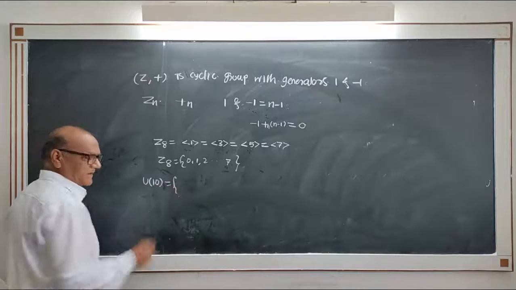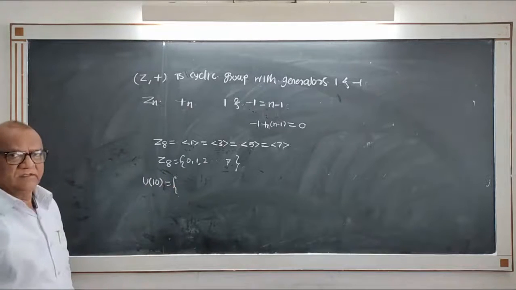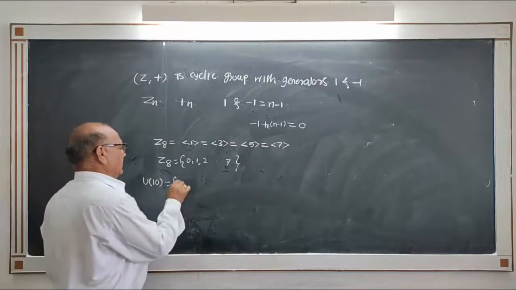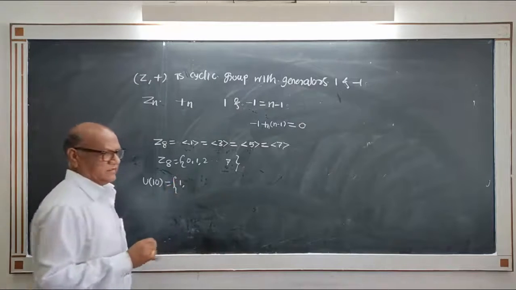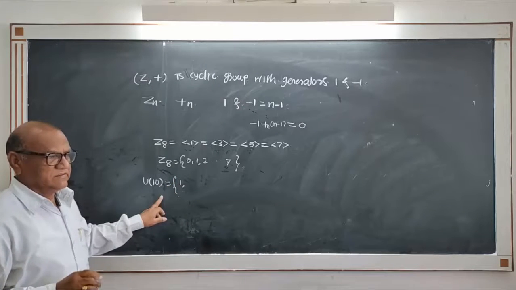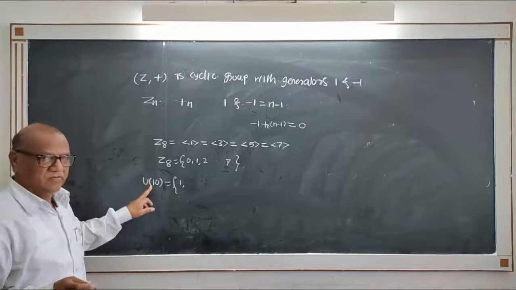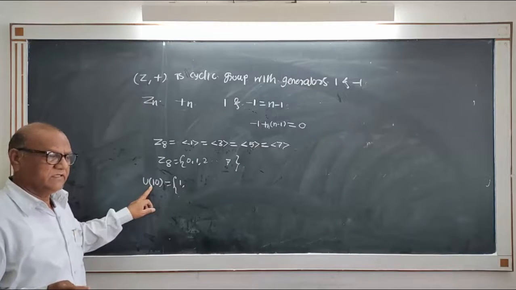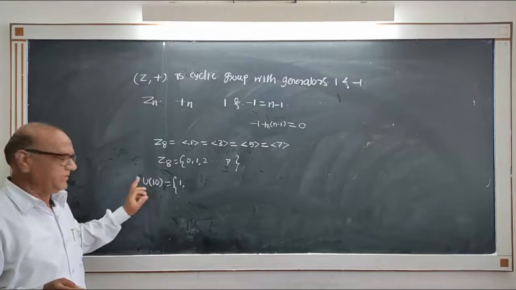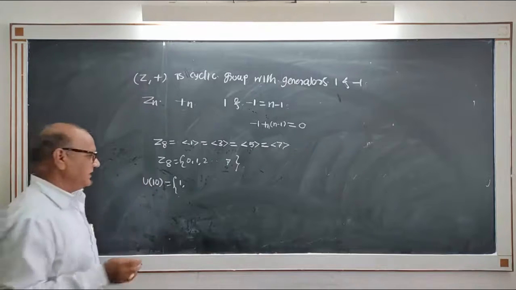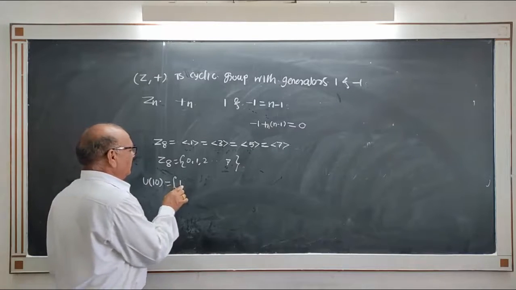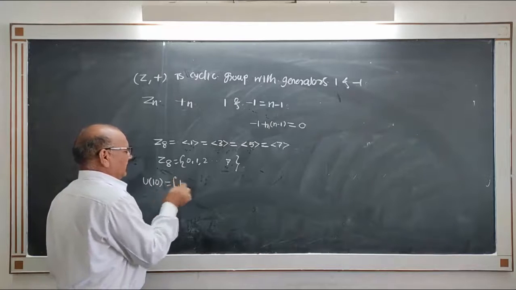Now U10. It contains the set of integers less than 10 and relatively prime to 10. It is a group under multiplication modulo 10.